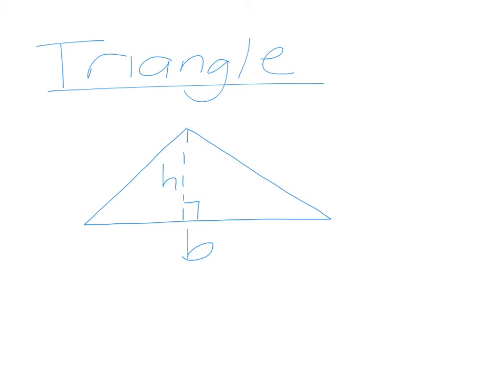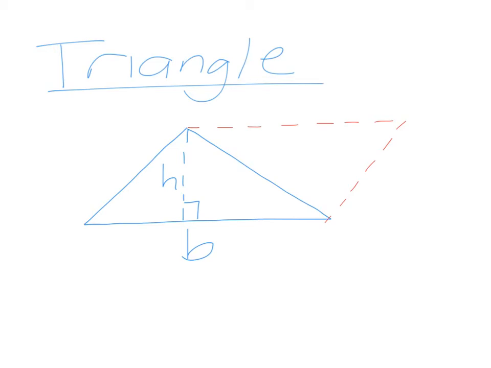Now, what's unique about the triangle is if I was to take a congruent triangle and put it upside down along the other side, notice it shows up as a parallelogram.